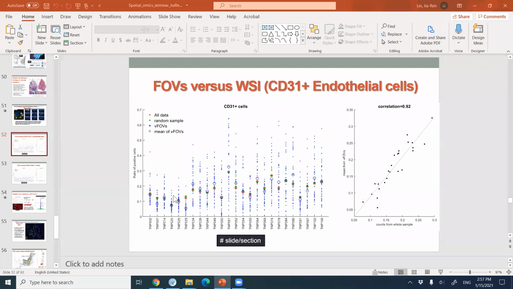But in any case, this variation won't be bigger than if you do sampling in a very small range. For example, if you look at the distribution of all these red dots versus any one small blue dot right here, you can see a lot of variation.